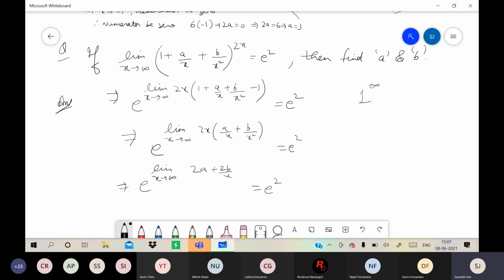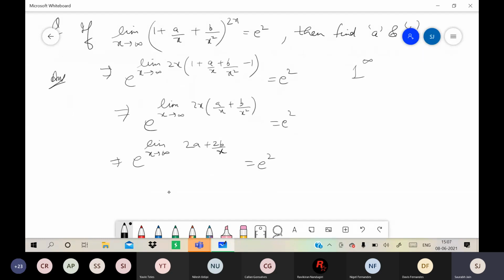Now since x is tending to infinity, the second part will become 0, it is e to the power 2a, correct? So 2a equals 2, so a is 1.